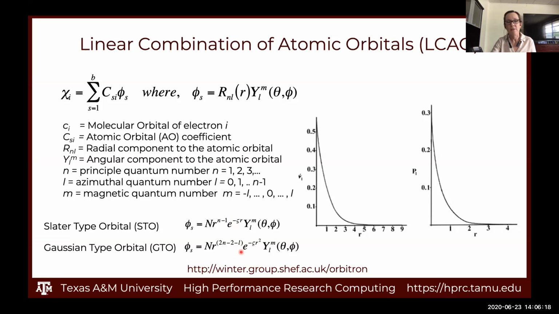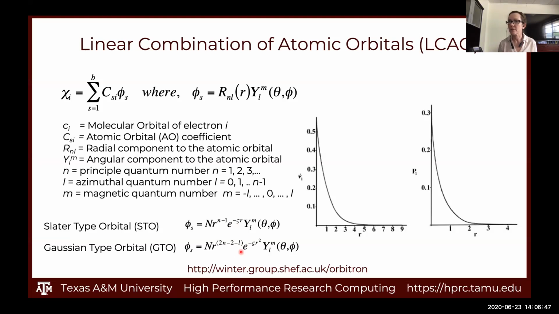The reason that the vast majority of pieces of software utilize Gaussian type orbitals over Slater type orbitals is for computational efficiency. The two electron integrals, which is the heavy duty part of the calculation, can be performed analytically with Gaussian type orbitals. And they can't be done analytically with Slater type orbitals. It has to be done numerically, which has a much higher computational cost, with the grid and the data points.